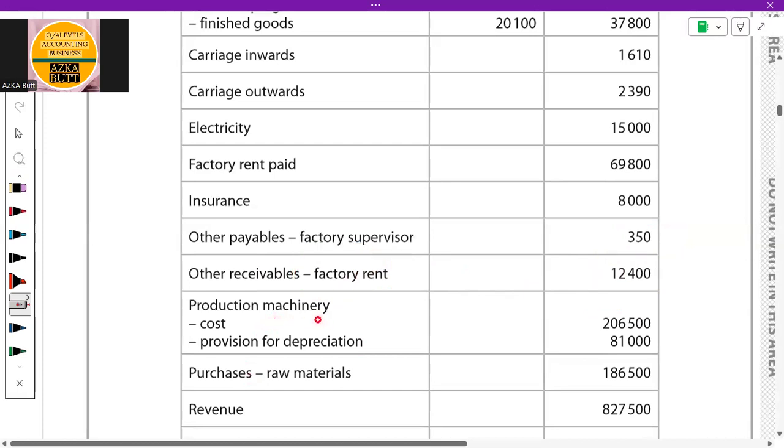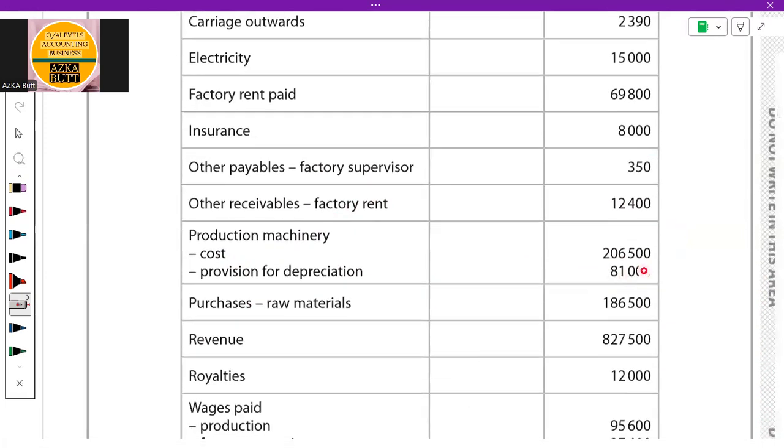We have the depreciation for the production machinery. The cost of the production machinery is 206,500, and its provision for depreciation is 81,000. This is its accumulated depreciation, showing that these machines have depreciated by $81,000 until now.